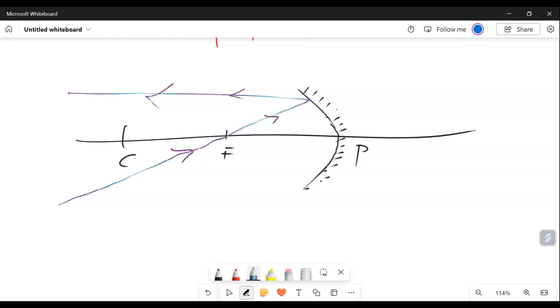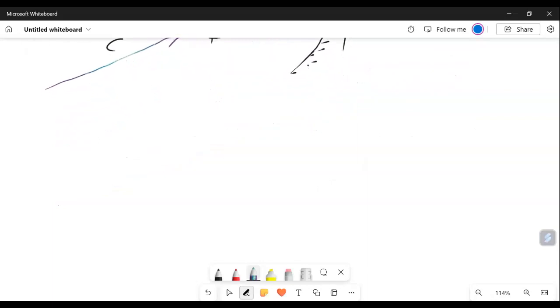The third rule is very simple to remember. A light ray passing through the center of curvature is like a normal, passing along the normal.